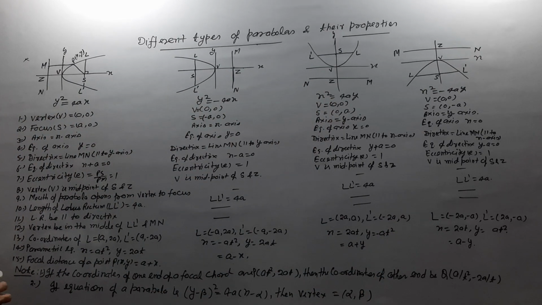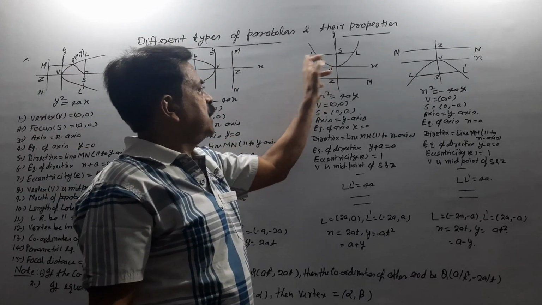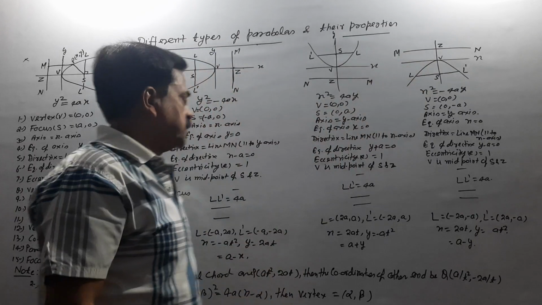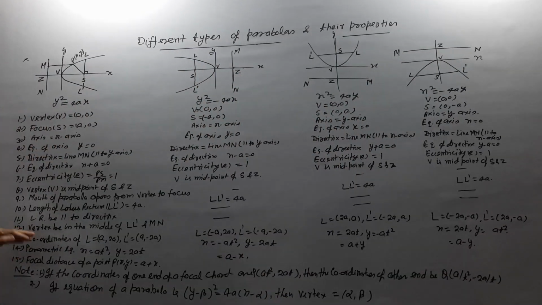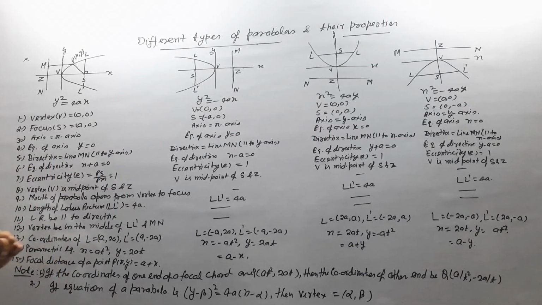Next point: the latus rectum is parallel to the directrix. For latus rectum L dash, the directrix is this MN. So the latus rectum and directrix in all kinds of parabolas are parallel. L dash is parallel to MN, and in this case the vertex is in the middle of L dash and MN.